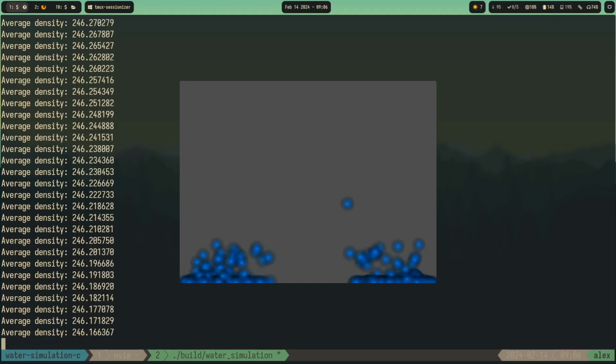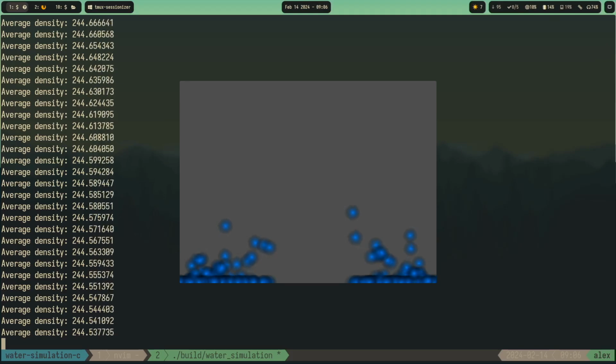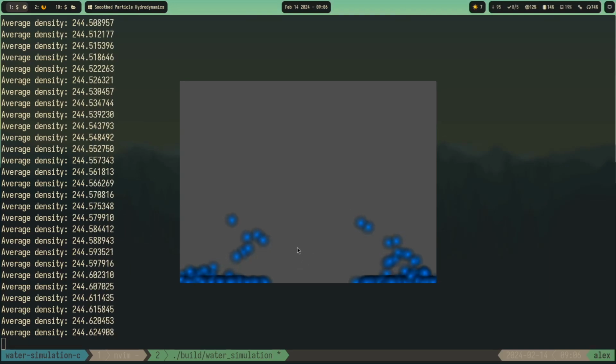The main idea of this paper is trying to get the rest density to be basically average, let's say, or something like that, like filling the entire space.